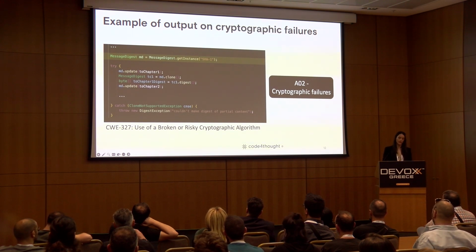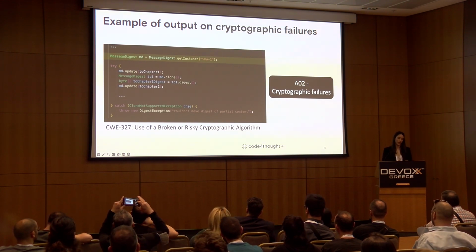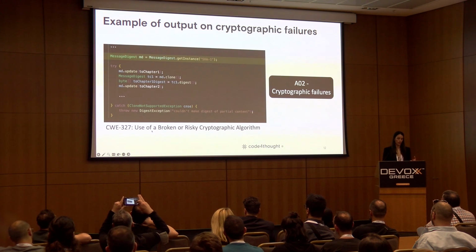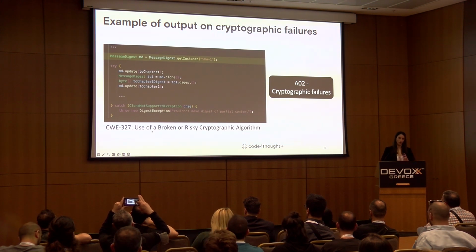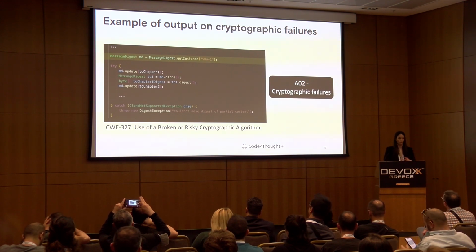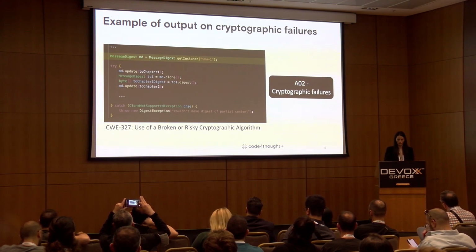For example, this corresponds to cryptographic failures on the OWASP Top 10 list. What is more, information could be given about the CWE identity. Here you can see its use of broken or risky cryptographic algorithms. So this kind of information can also be provided by SAST tools.